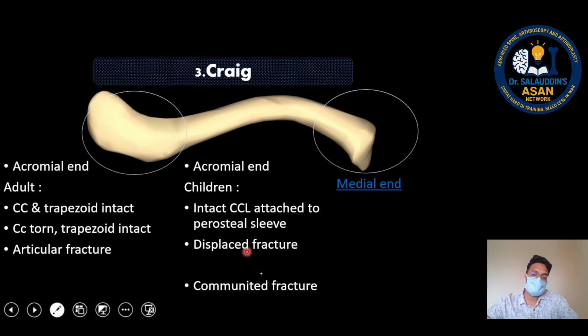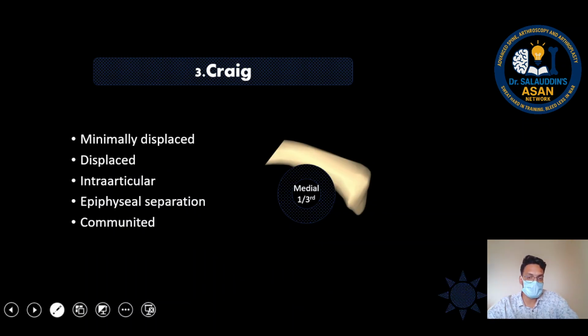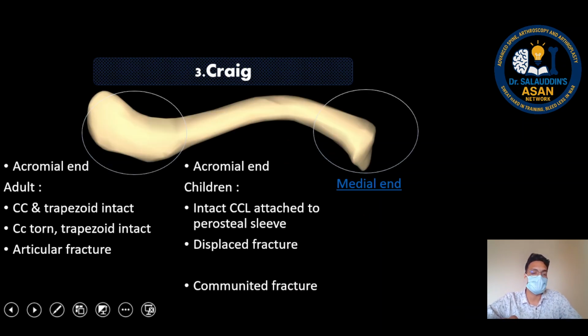Then there are displaced fractures or comminuted fractures. This is the acromial end. And the medial end fractures are similar to the Neer subdivision, where the fracture is minimally displaced, intra-articular, or the fourth one, epiphyseal separation, and then comes the comminuted fracture.